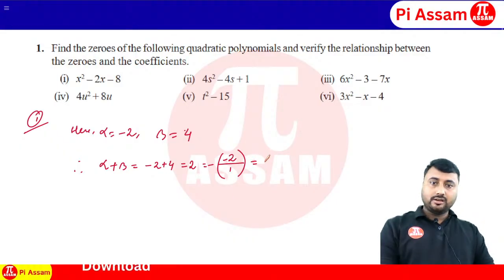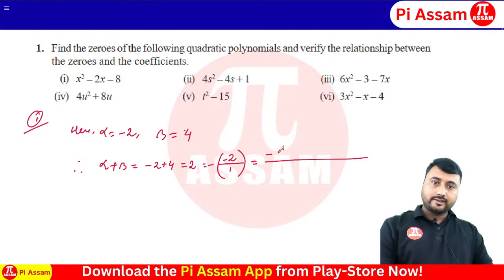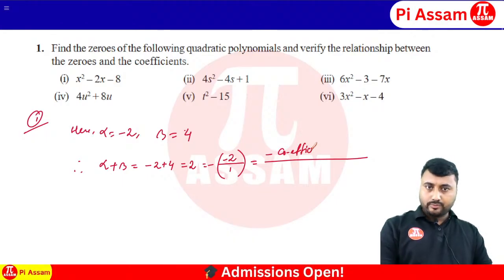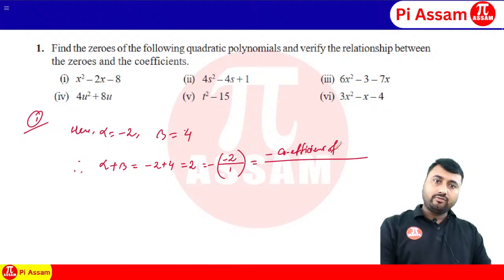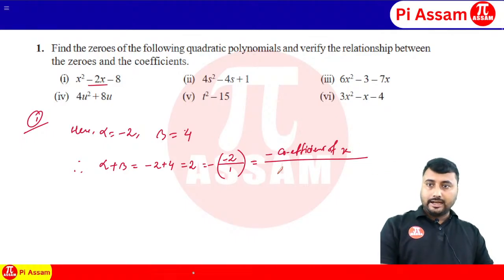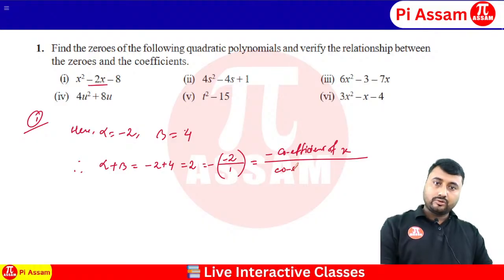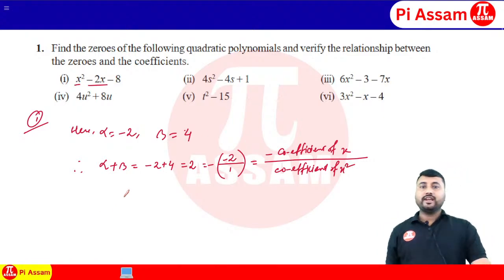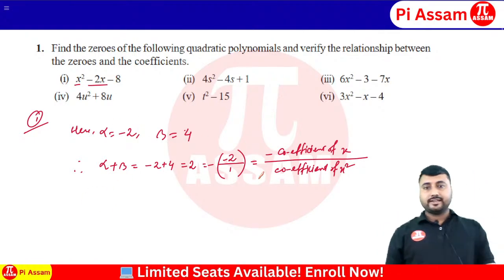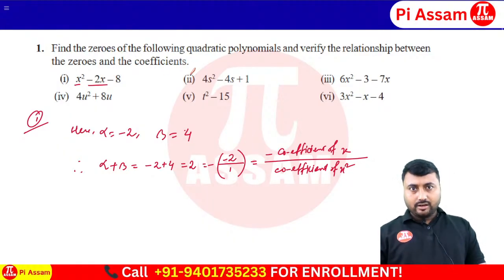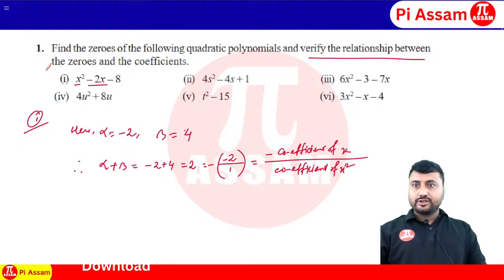So we can write minus coefficient of x, which is minus 2, divided by the coefficient of x square. Here the coefficient of x square is 1 and the coefficient of x is minus 2. So we can express this like that.